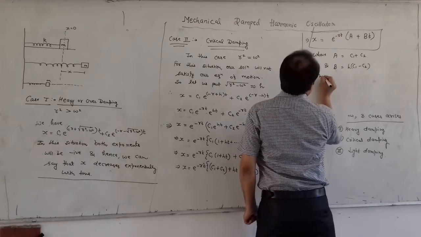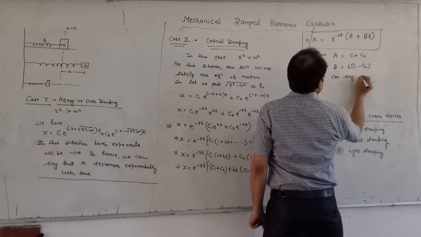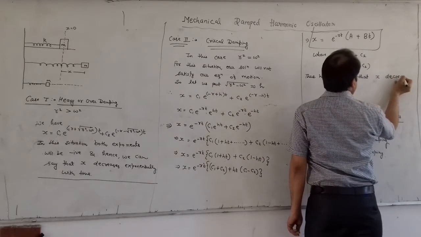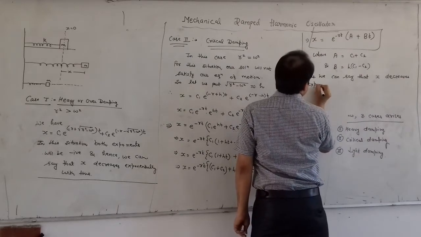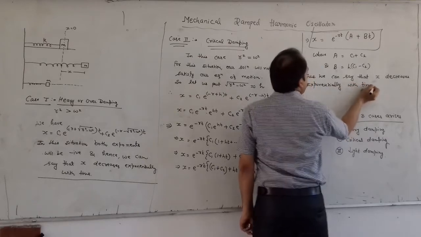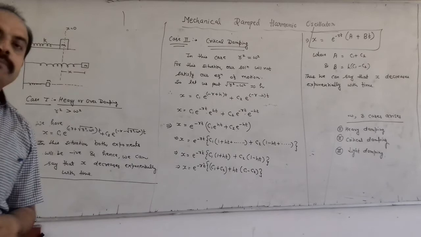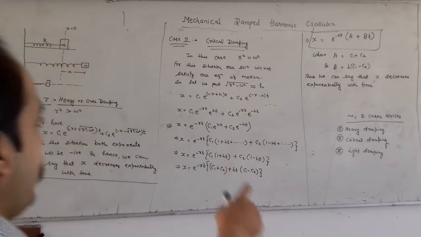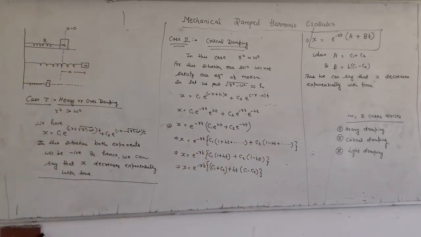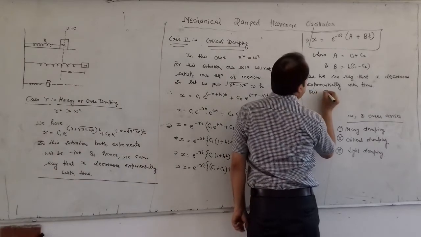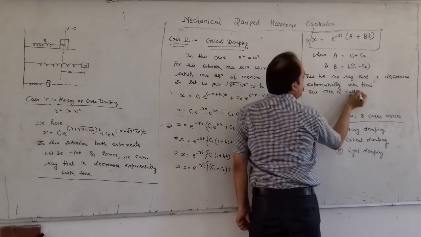Thus we can say that x decreases exponentially with time. In the case of heavy damping also, x was decreasing exponentially with time. Again we can see that x is decreasing with respect to time, but more rapidly than in the case of heavy damping, and this case is called critical damping.